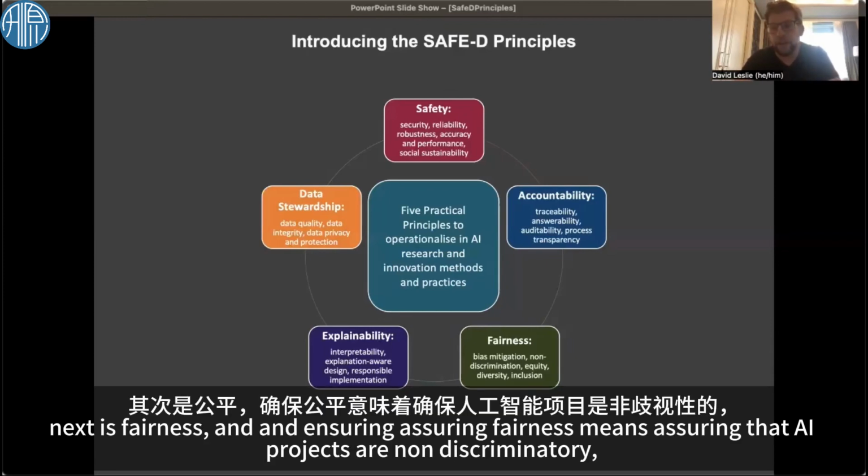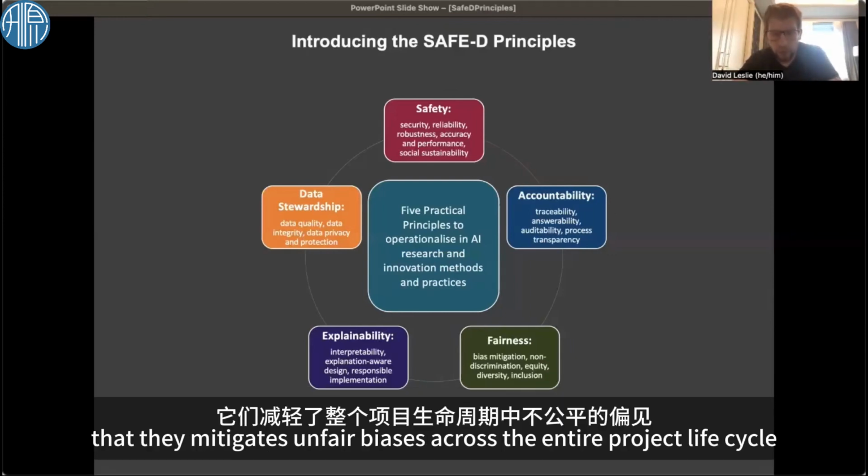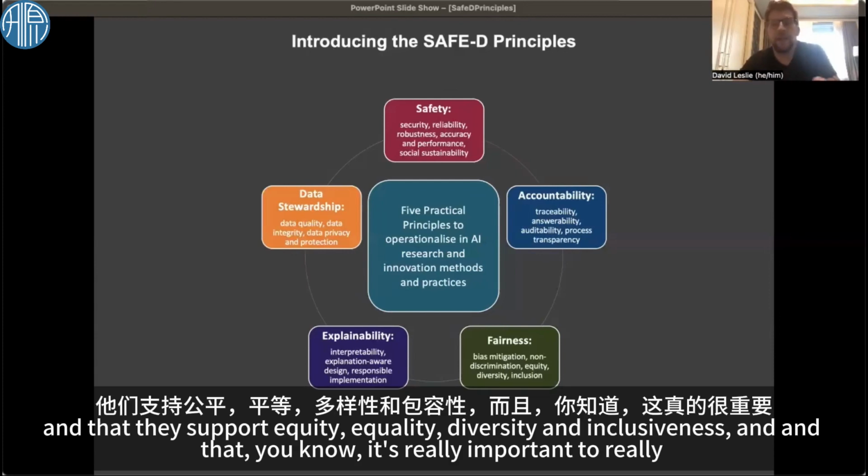Next is fairness, and assuring fairness means assuring that AI projects are non-discriminatory, that they mitigate unfair biases across the entire project lifecycle, and that they support equity, equality, diversity, and inclusiveness.